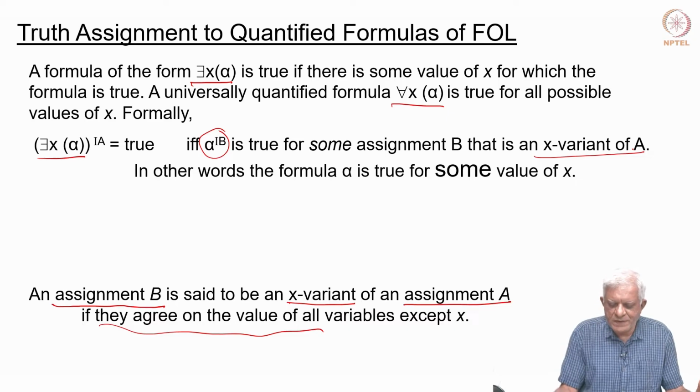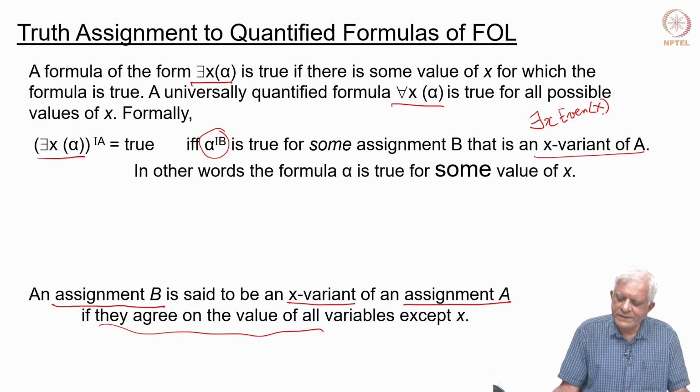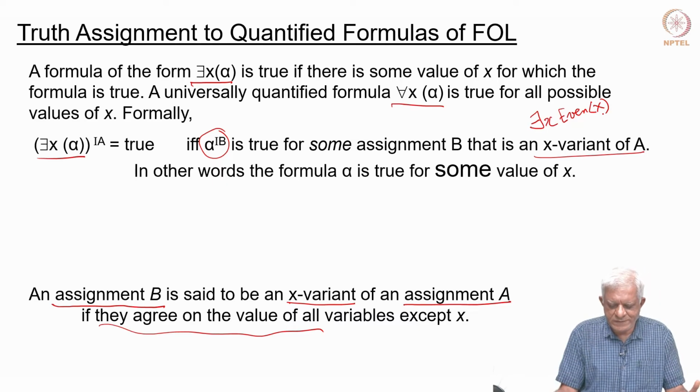In other words, the formula alpha is true for some value of x essentially. So, if I say there exists x even x, and if I am talking about natural numbers, then it is true because I can produce a natural number, say 6, and say that 6 is even. So, therefore, it is true that this formula is true.